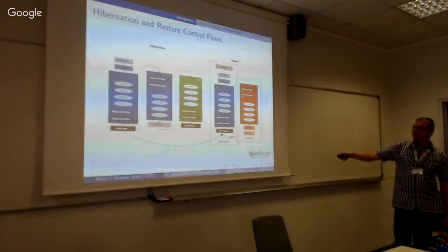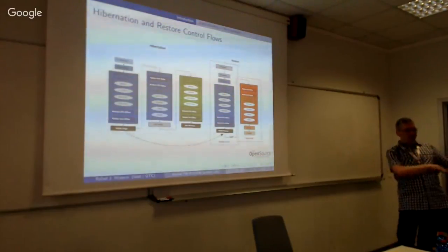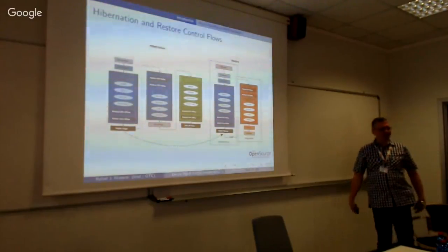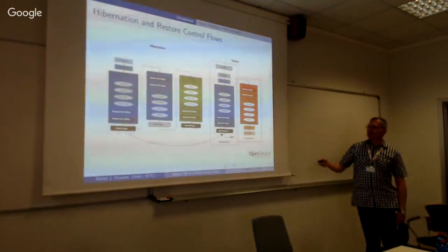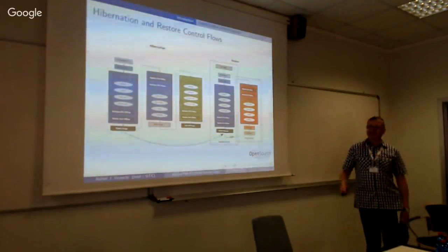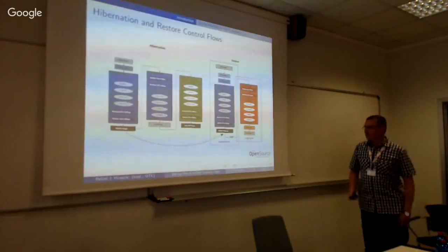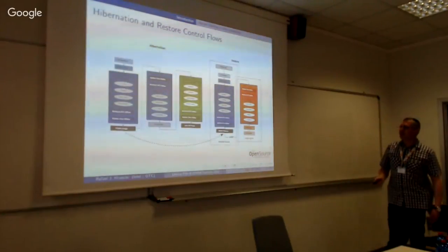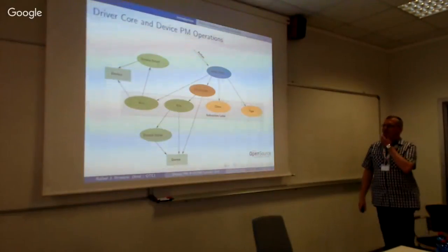Essentially, it has to overwrite itself with the previous kernel and jump to it, and then carry out the resume. So there is a number of callbacks involved in that. From the device perspective, there are three sets, essentially, in addition to the previous one. A lot of stuff.